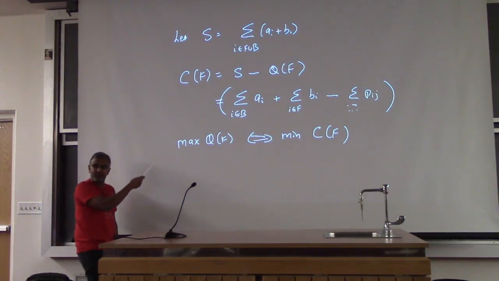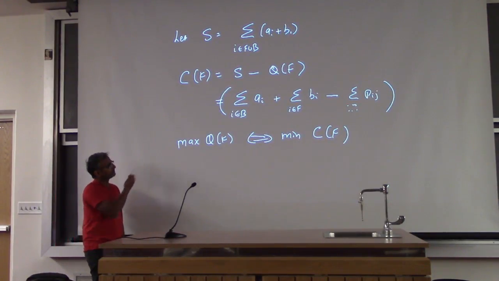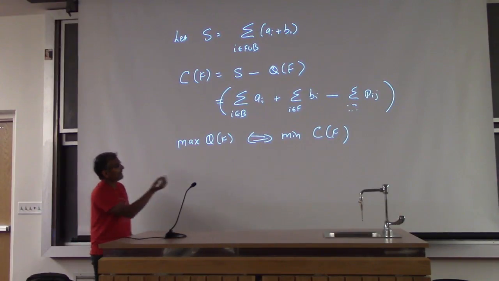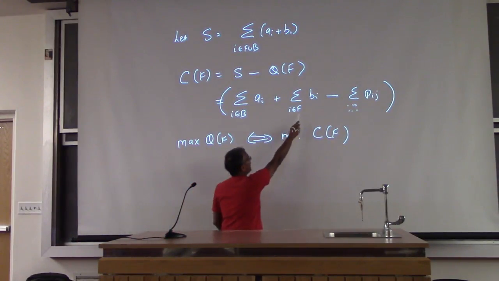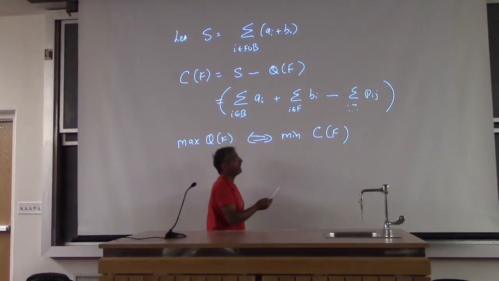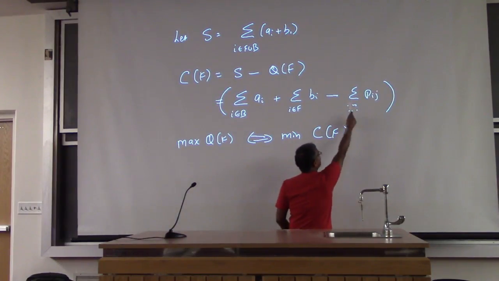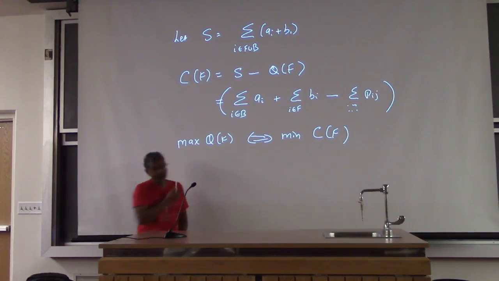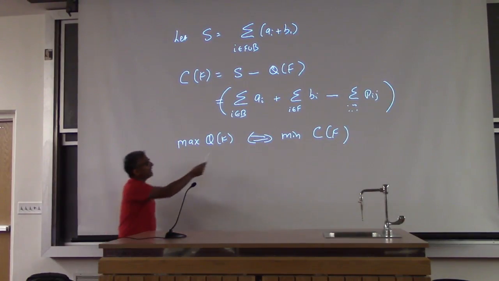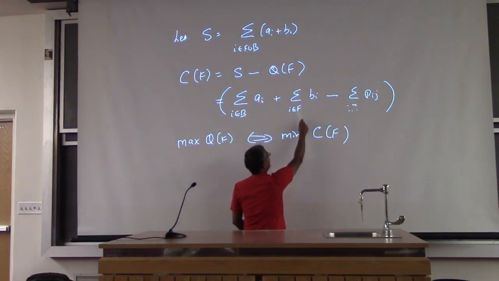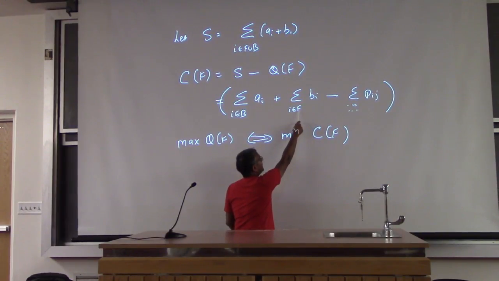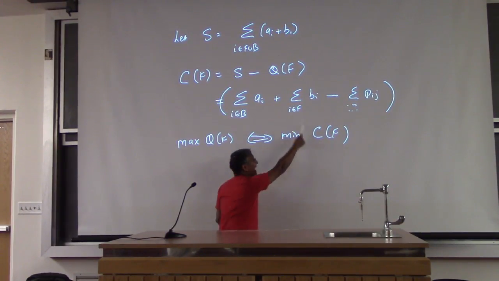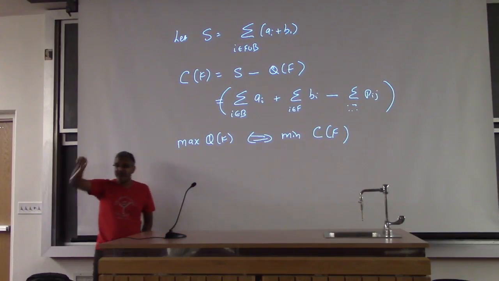What is the contribution to the cost of that pixel? Well, if that pixel is in the foreground, you're paying a BI cost for it, as well as all the edges out to things that are not in that set. So to pay a BI cost for this pixel in the foreground, it must be corresponding to some edge coming out of that vertex.